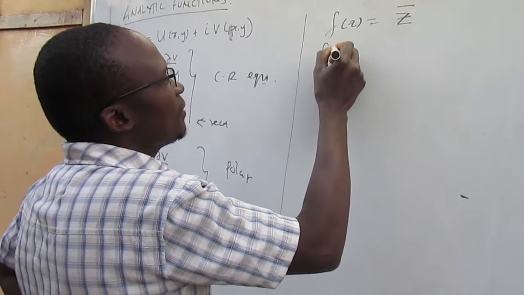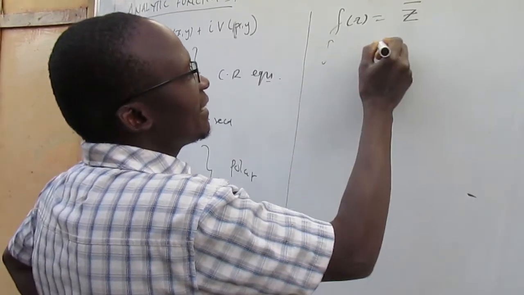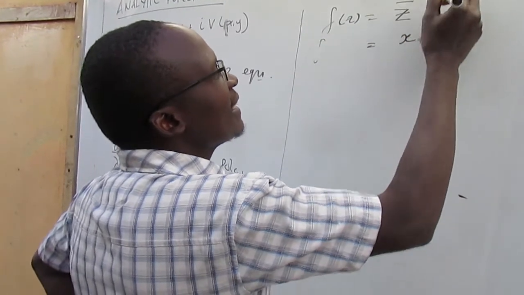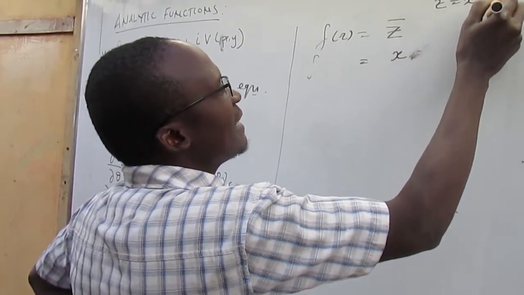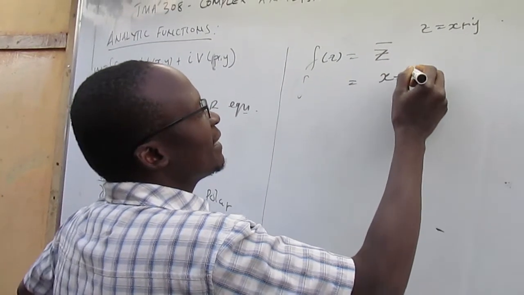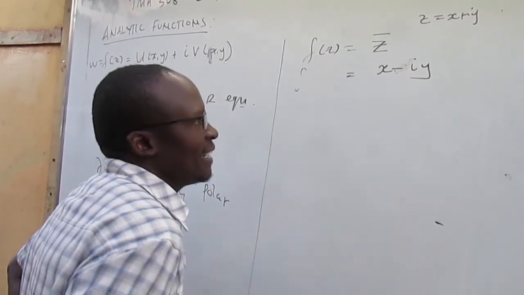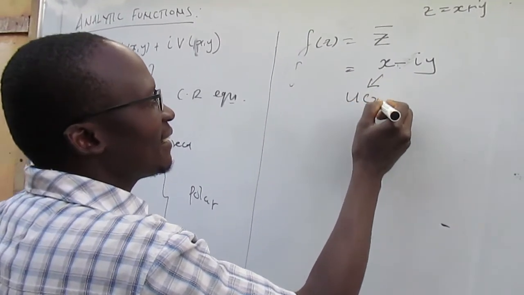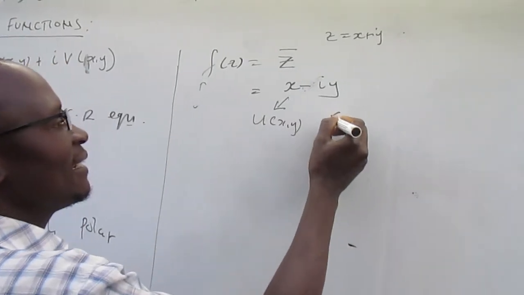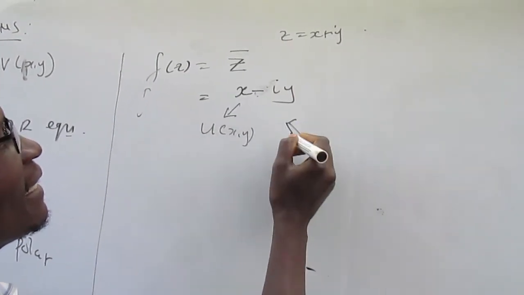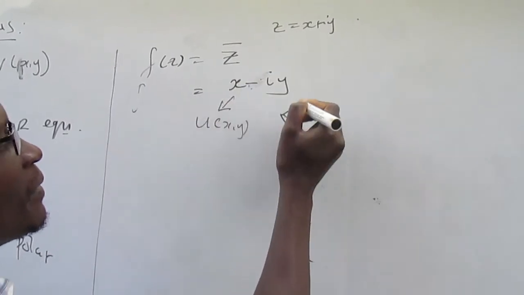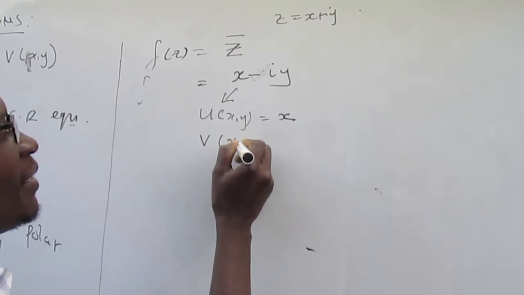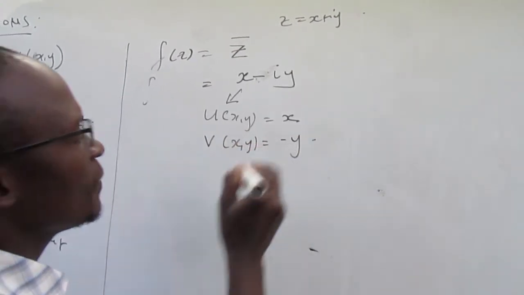So this function can be written in the form, if you take z to be x plus iy, then this can be written as x minus iy, so that this is the real part and this is the imaginary part. And so we notice that u of x,y in this case is x, and v of x,y in this case is the negative of y.